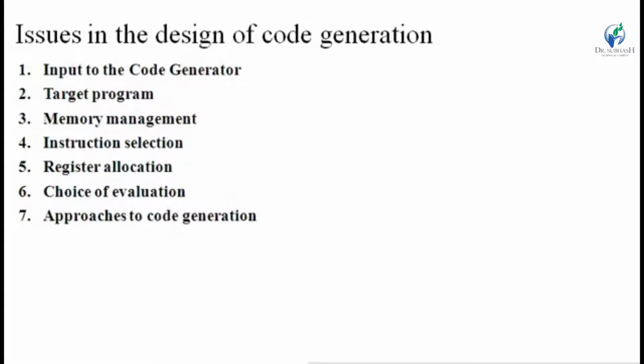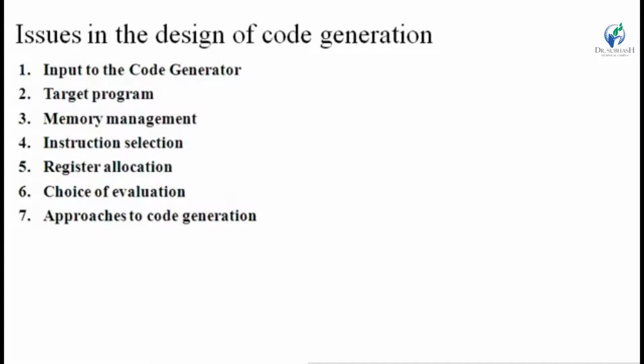Producing a relocatable machine language program as output has the advantage that subroutines can be compiled separately. So a set of relocatable object modules can be linked together and loaded for execution by a linking loader. Producing an assembly language program as output makes the process of code generation somewhat easier.